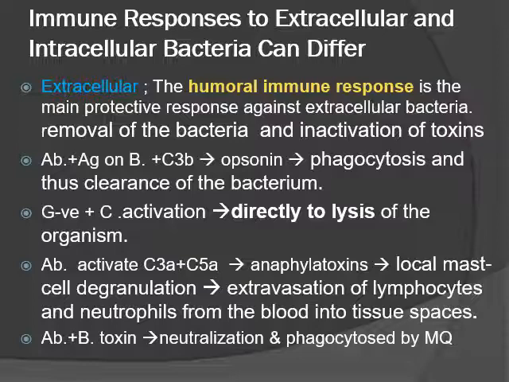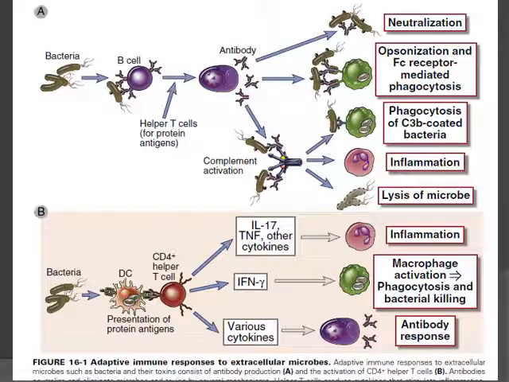Antibody toxin complex أكيد بعدين راح يصير لها clearance by phagocytic cells. نقدر نشوف هذه in this figure adaptive immune response to extracellular microbe. الجزء العلوي يمثل الهيومرال immune response. الانتيبوديز راح تفيدنا بالنيوتراليزيشن, opsonization, phagocytosis, inflammation and even lysis through complement. الجزء الأسفل اللي هو الانتراسيلولار بكتيريا اللي راح نتكلم عنه في السلايد الآخر.